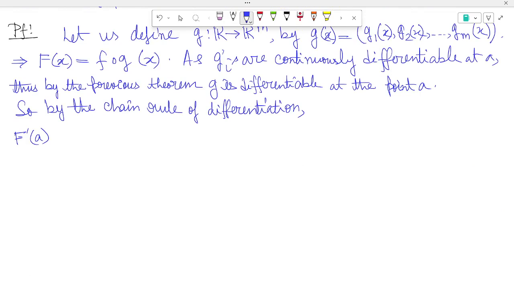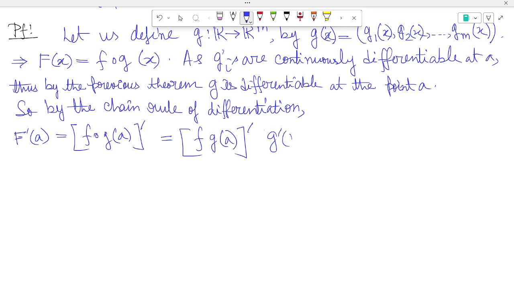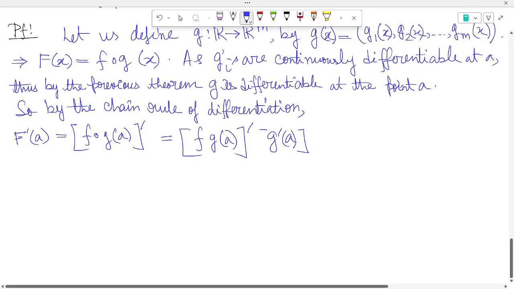So what is f dash A? It is, by chain rule, f composed with g of A, whole thing dashed. That means it is equal to f dash of g of A into g dash of A.